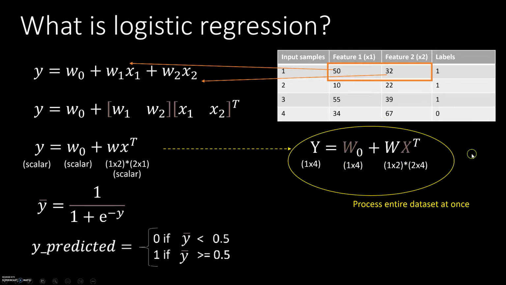If we solve this equation, we get this Y, which is a matrix of dimension 1 by 4, and the entries in this matrix are the Y value for each of these inputs. Then we take this Y and pass it through the sigmoid function, and we get the answer. This is how we process all of the data at once, and this is what we'll be using when we go to code this.